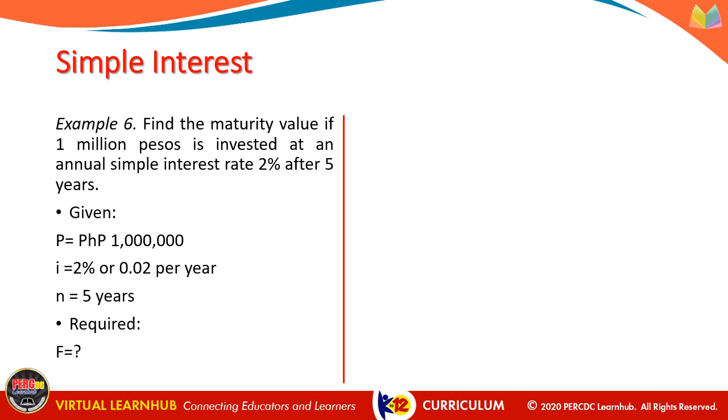We are required for the unknown future value or maturity value F. For our solution number 1, we can compute for the interest earned of the investment. I is equal to P times I times N. Okay, substitute the given. Interest earned is equal to 1 million pesos times 0.02 times 5.